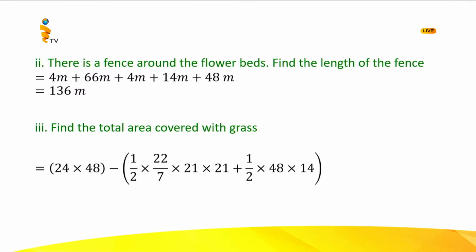Here the formula is theta over 360 times pi r squared, and I have substituted the values. Plus half times 48 times 14 gives the area of the triangular part. When you simplify this expression, you get 1152 minus 693 plus 336. So the final answer will be 123 square meters.